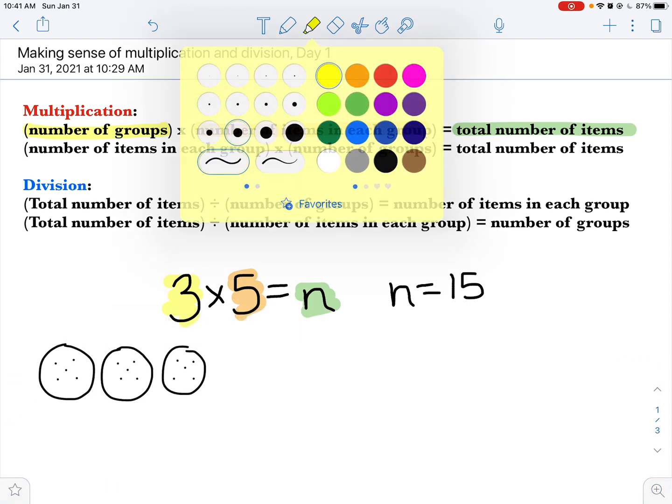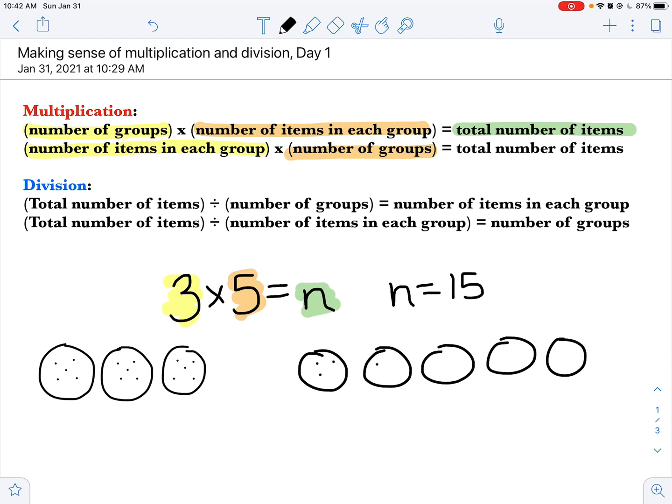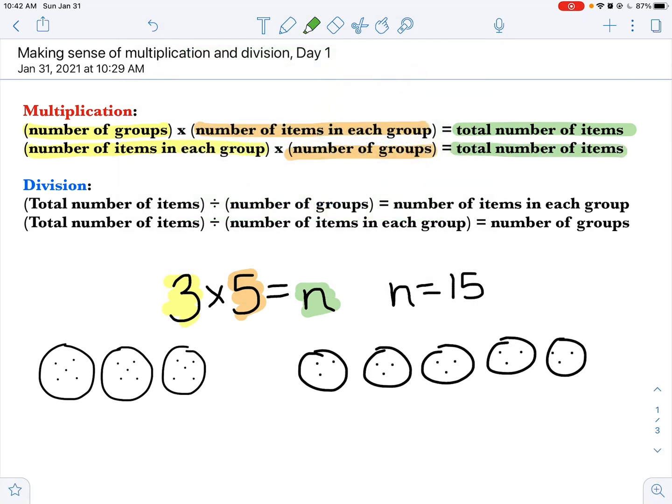It also could mean 3 items in each group with 5 groups, 1, 2, 3, 4, 5, 3 items in each group, for a total number of items, which would still end up being 15, because here's 5, 10, 15, here's 3, 6, 9, 12, 15.